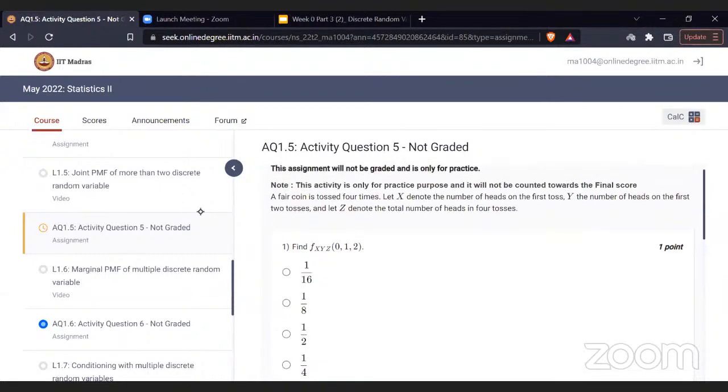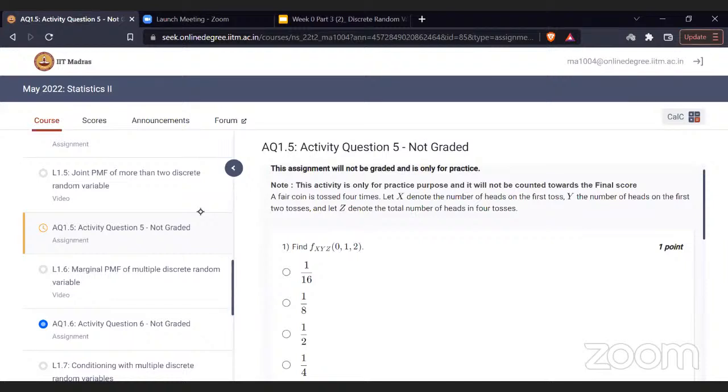X denotes the number of heads on the first toss, so you should have 0 heads, which means a tail on the first toss.